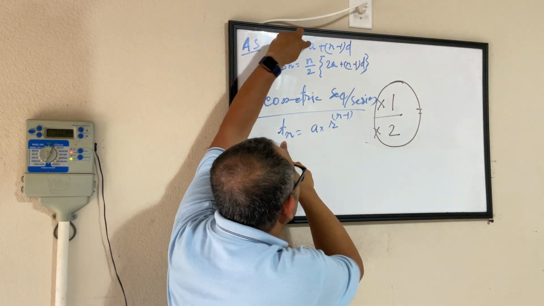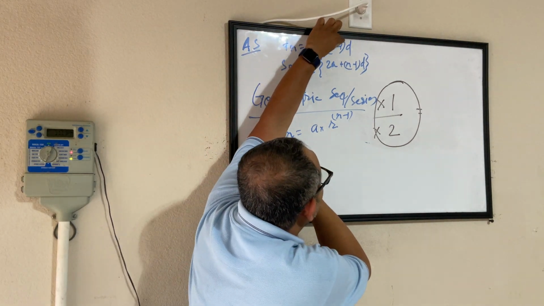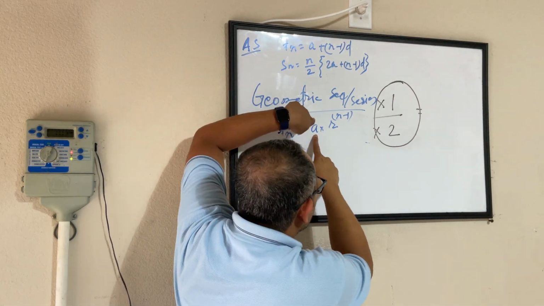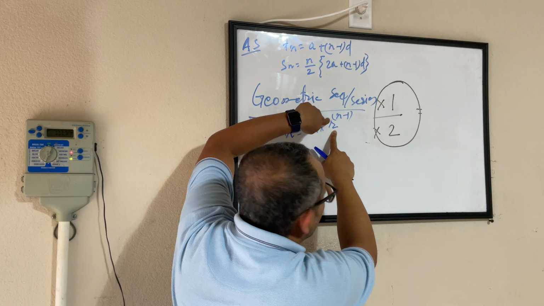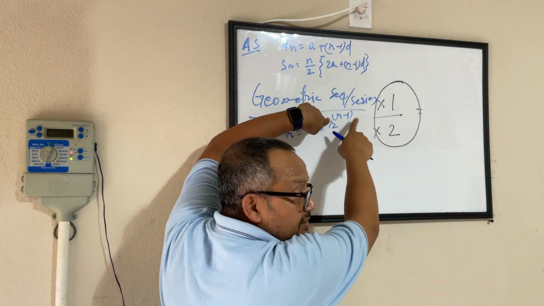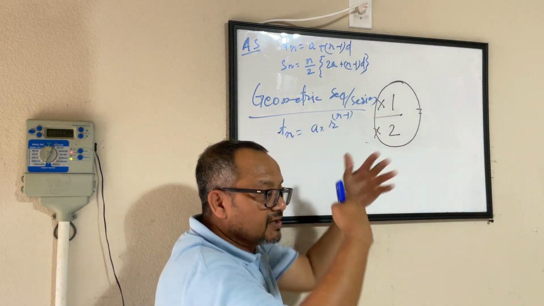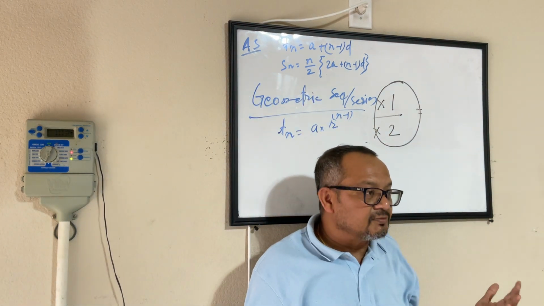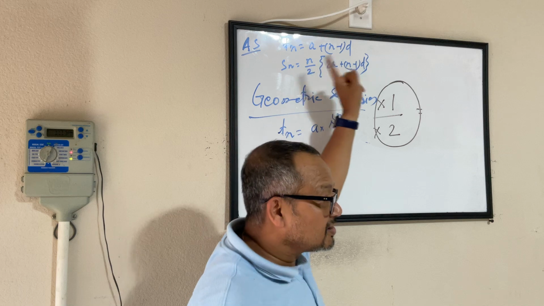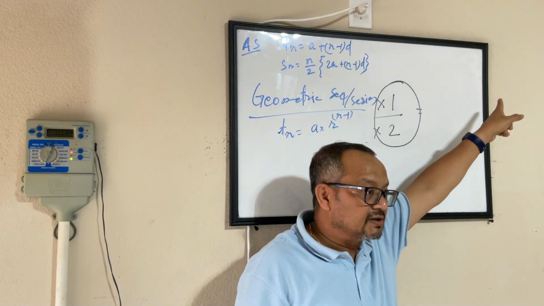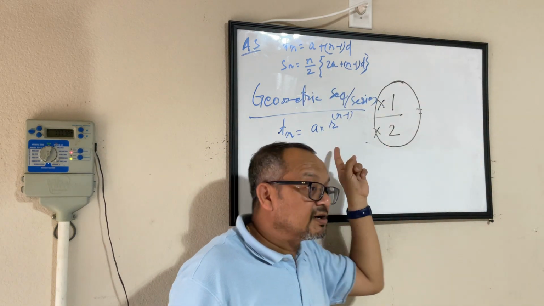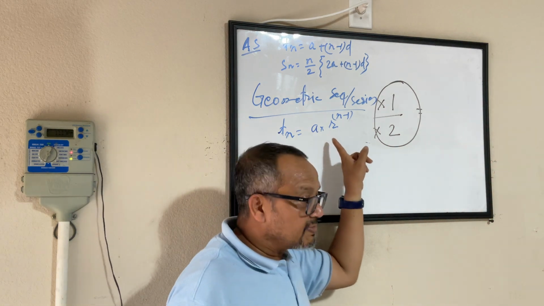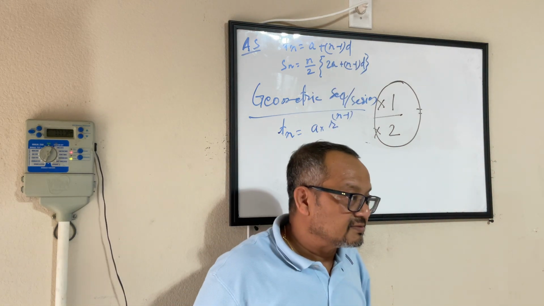Here your nth term is a plus the common difference times n minus 1. Here it is a times the common ratio to the power n minus 1. If you keep both pictures in your mind, it will be easy, and you don't really have to memorize, because here you are adding the common difference for every subsequent term, and here you are multiplying by the common ratio with every subsequent term. That's why this is in terms of power, and this is an addition.